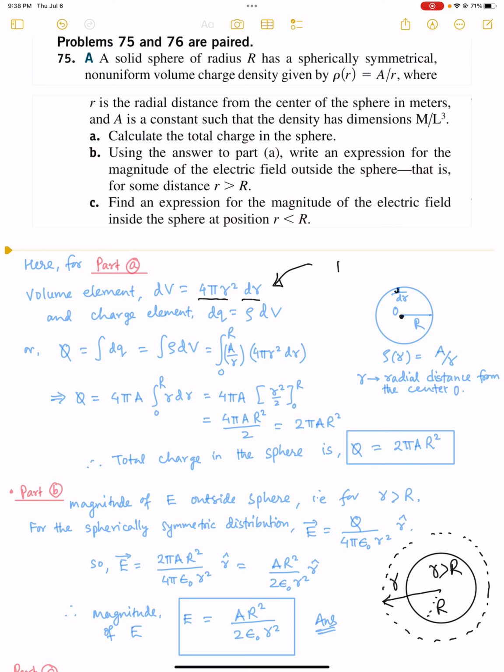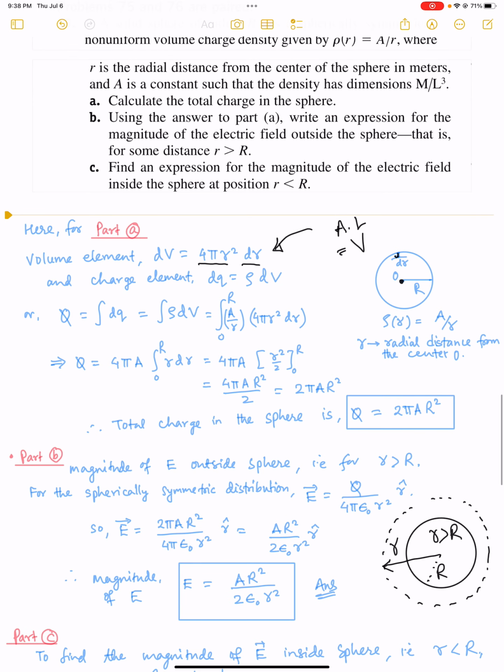Area times some length will be volume. So the charge element dq equals rho dV. Rho is the volume charge density, and volume charge density times volume gives you the value of the charge element dq.